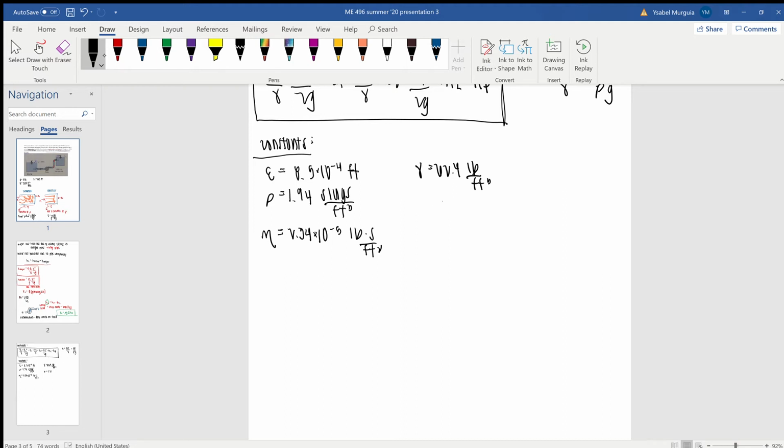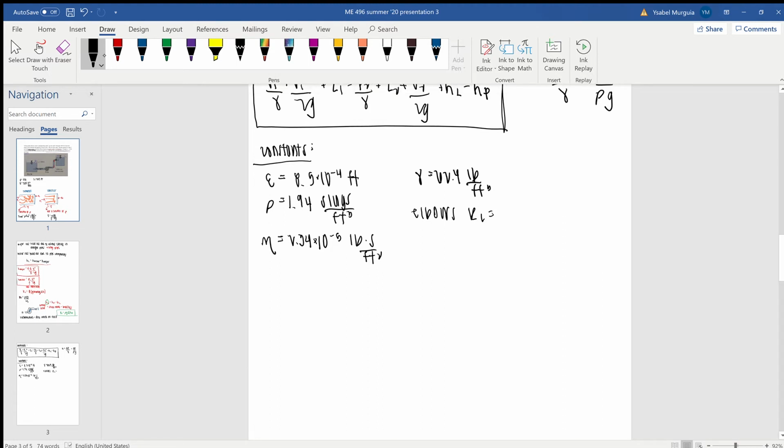Then I have the loss coefficients. K sub L is equal to 1.5 for a 90-degree threaded elbow.